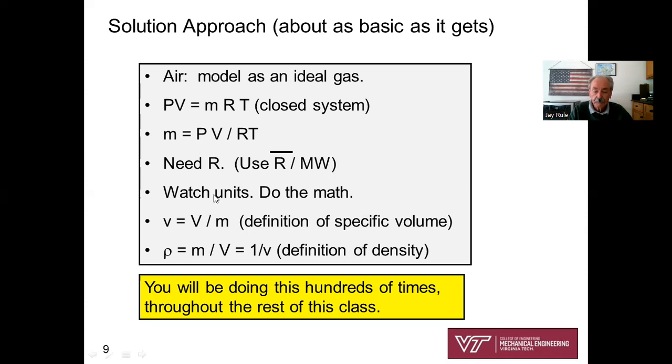I'm going to watch out for my units, and we're going to do a units check and do the math. Then specific volume is simply the volume that we're given divided by the mass we found, and rho, the density, is the reciprocal of specific volume, or mass over volume, whichever you prefer. Those are identical. Look, you're going to be doing this approach hundreds of times throughout the rest of this class, and that's why I'd like you to spend a little time working to master this example problem.